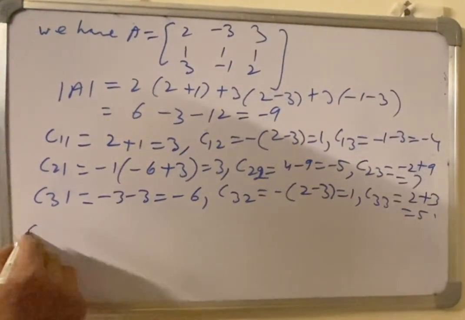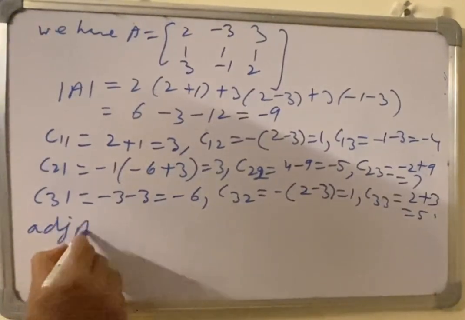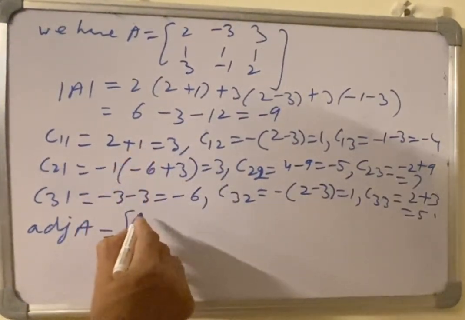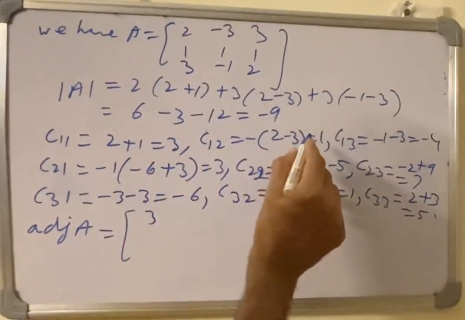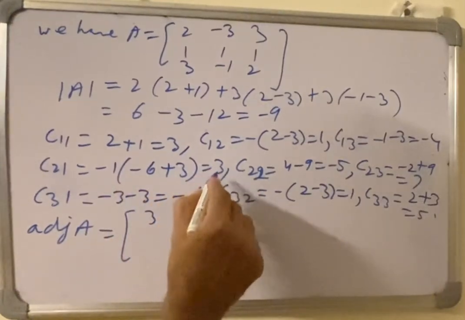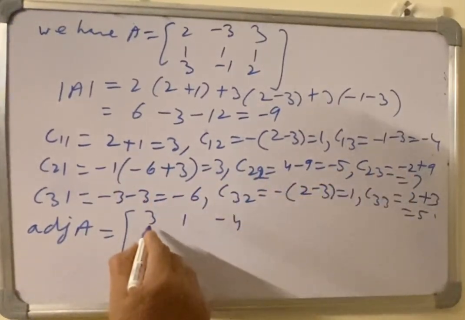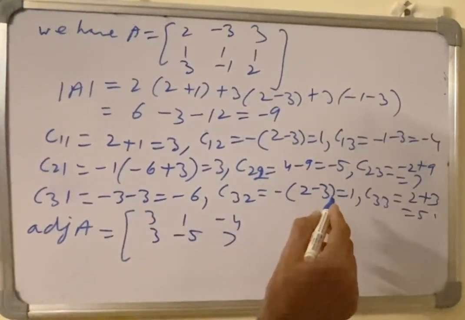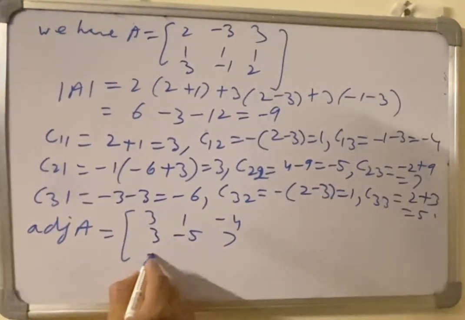So adjoint of A is the transpose of the cofactor matrix. It is 3, 1, minus 4, then 3, minus 5, 7, then minus 6, 1, 5.